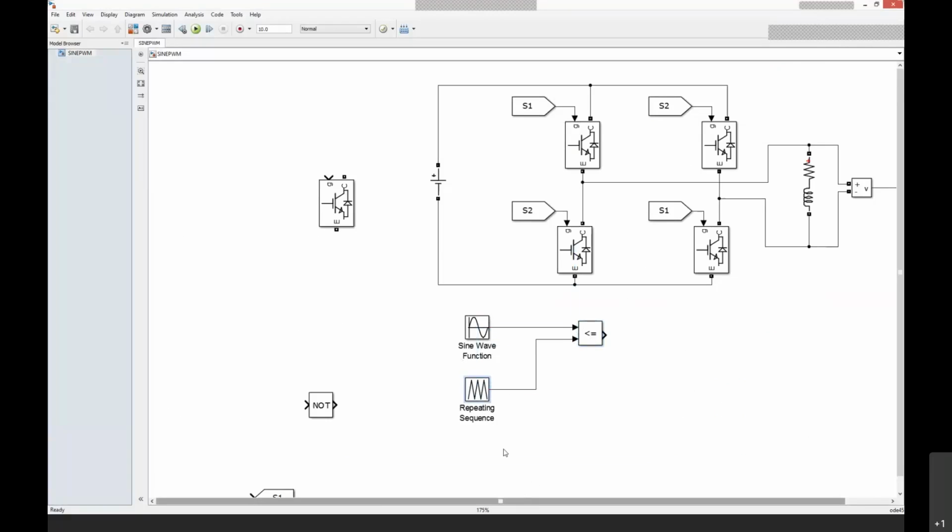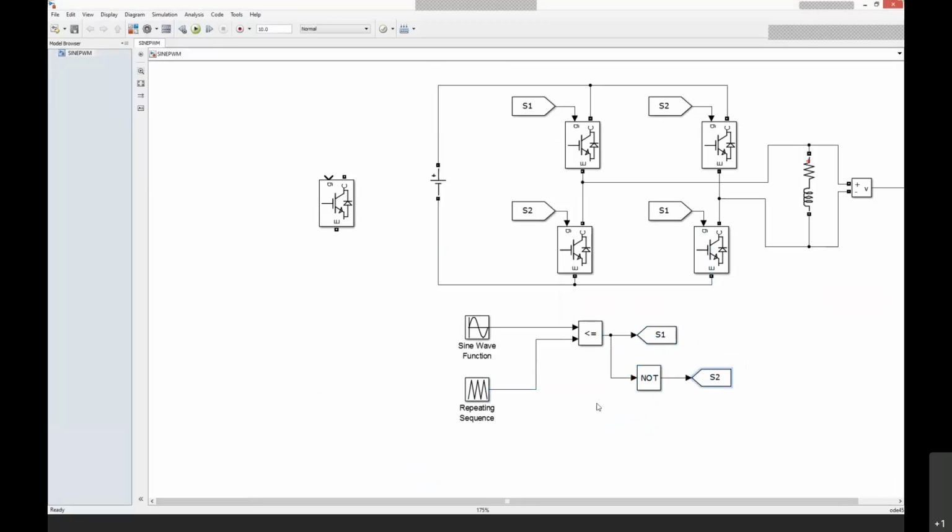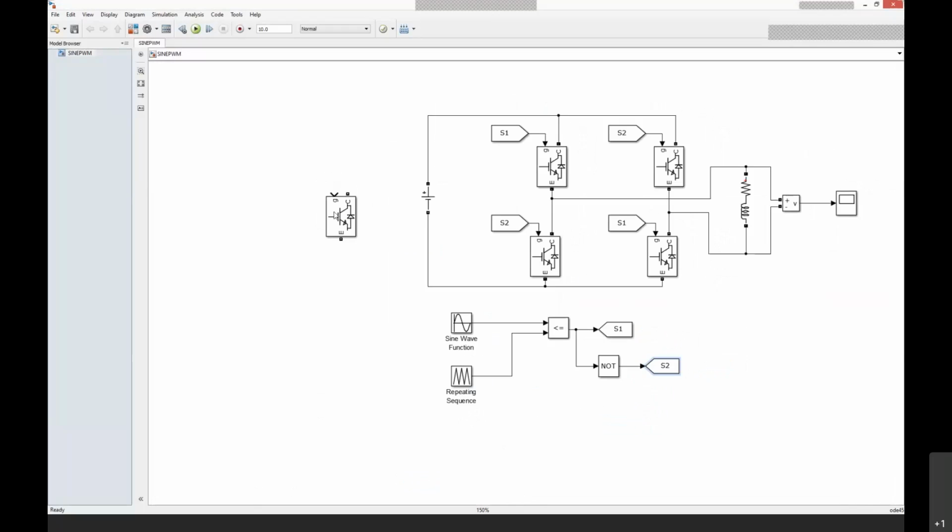A NOT gate of this one will generate the firing signal for the other diagonal IGBTs, that is S2. So this is completed.